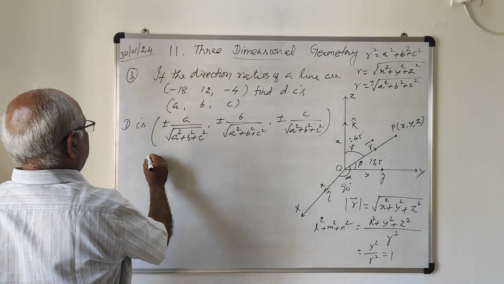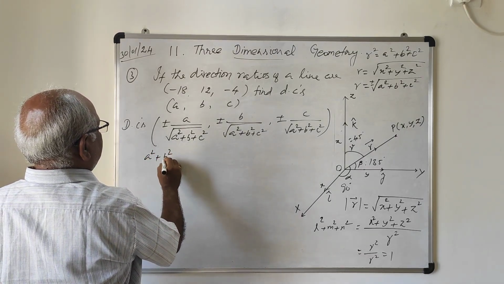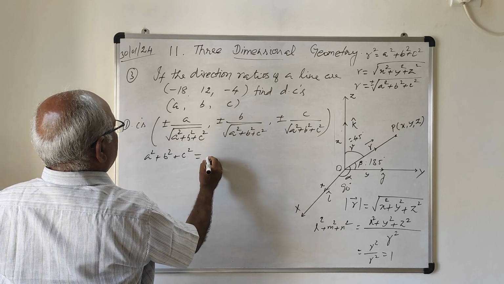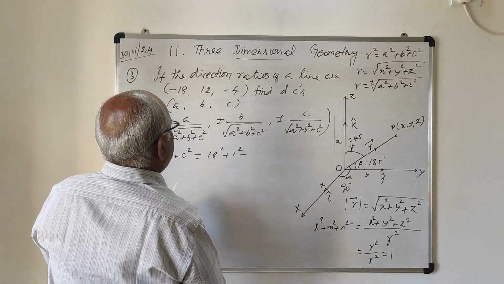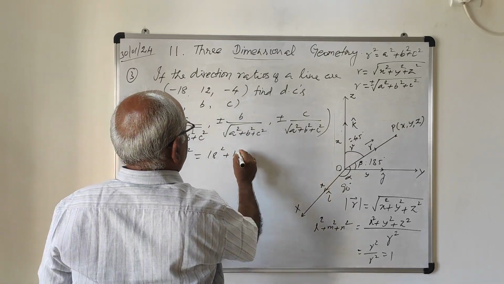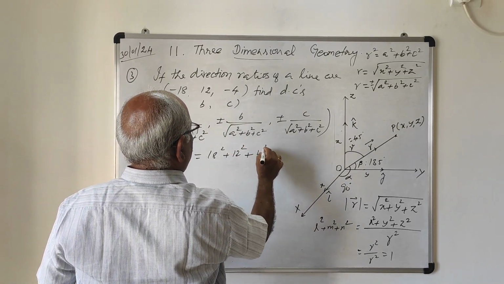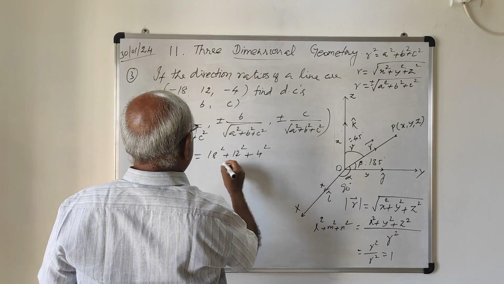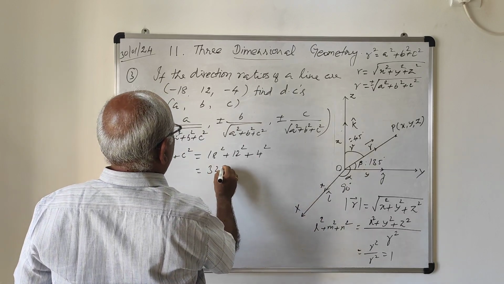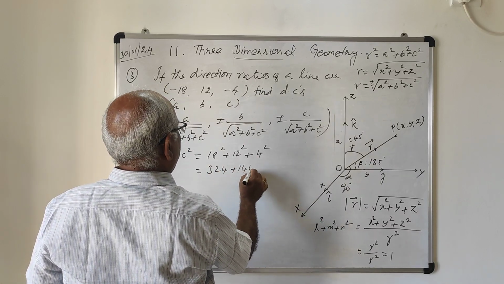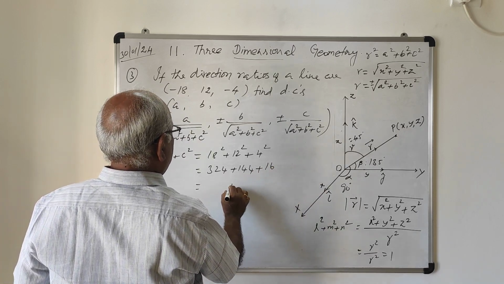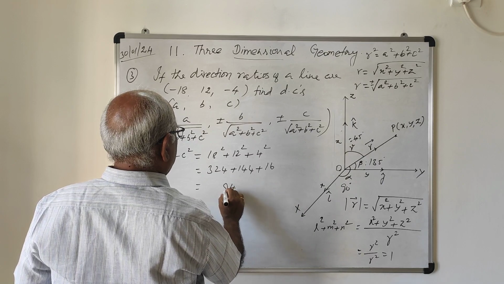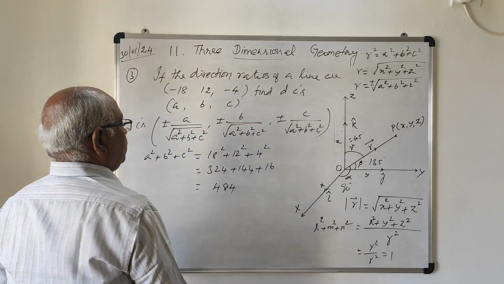What is a square plus b square plus c square? A square is 18 square, b square is 12 square, c square is 4 square. This is 324 plus 144 plus 16, which is 484.